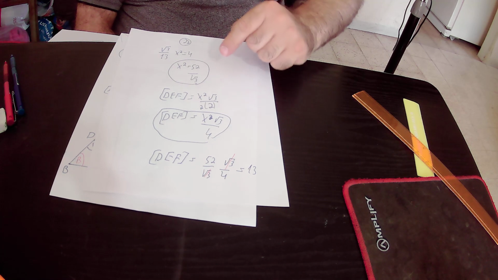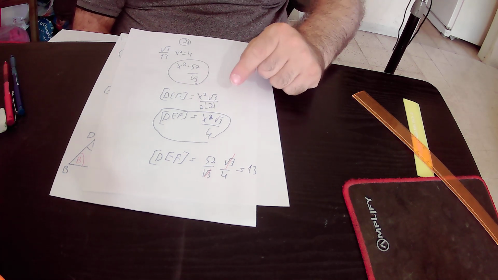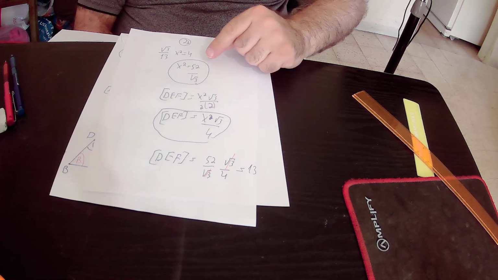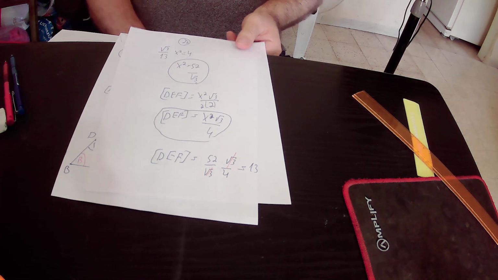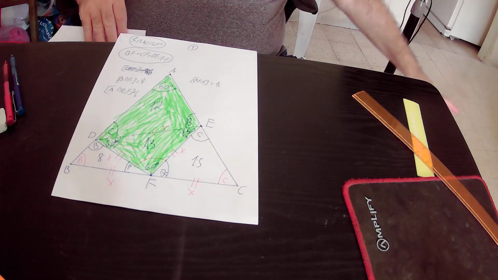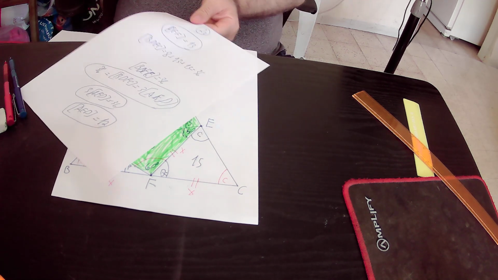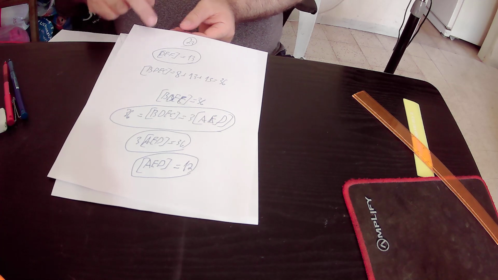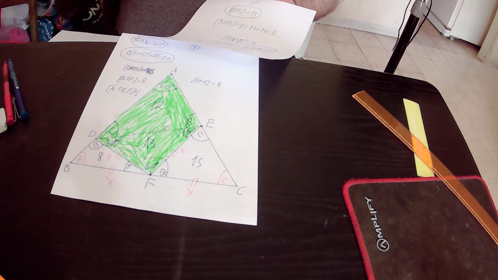And we already know that x squared equals 52 over root 3, so we can substitute x squared by 52 over root 3 in this equality. And we found out that the area of the equilateral triangle DEF equals 13 square units.